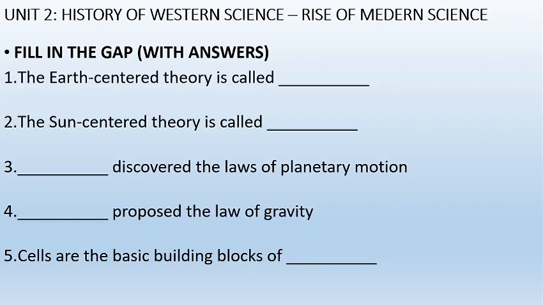So what are you thinking about? The second one, the sun-centered theory, is called dash. Heliocentric theory. So helio means the sun, centric means center. So that is why it is said that the sun is centered, like the sun-centered theory.